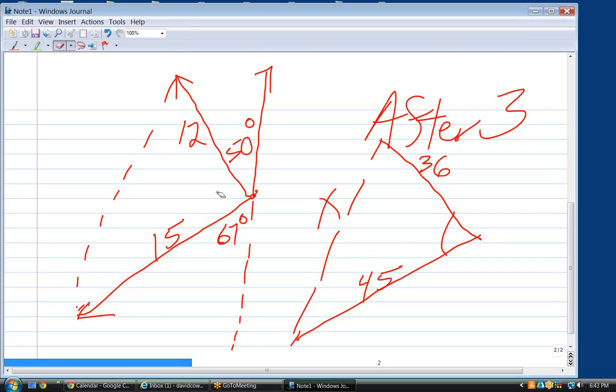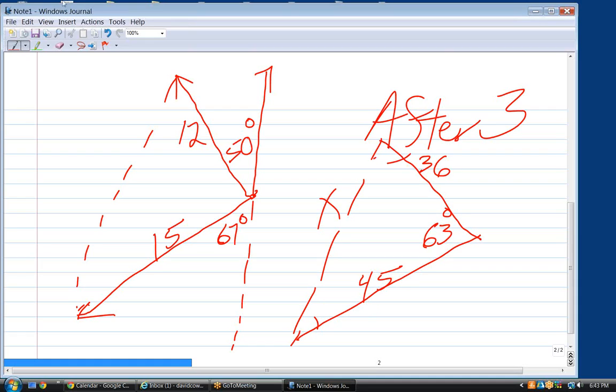In other words, that angle plus 50 plus 67 have to add to 180. So that angle has to be 63. Now, notice that all we have is side, angle, side. We don't know this angle. We don't know this angle.